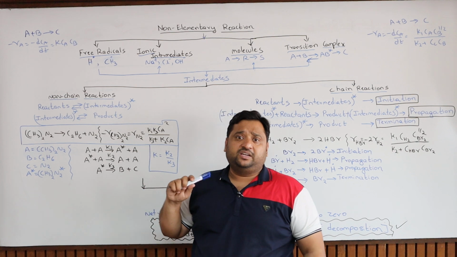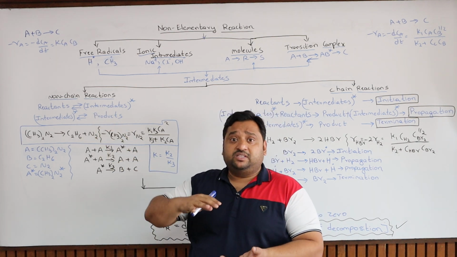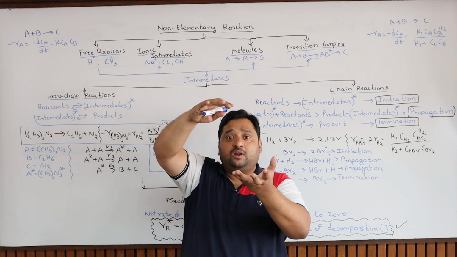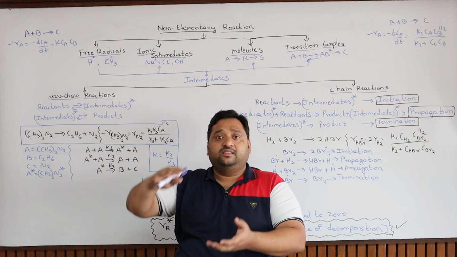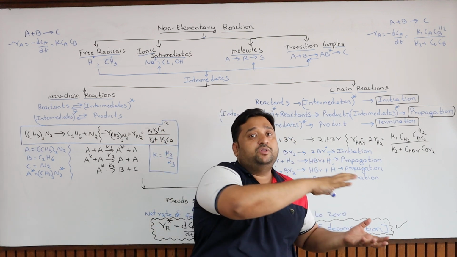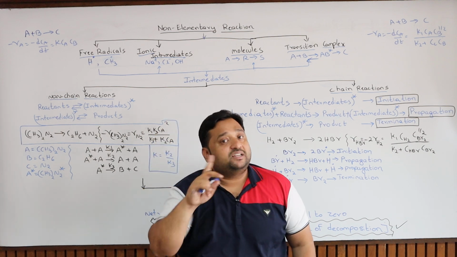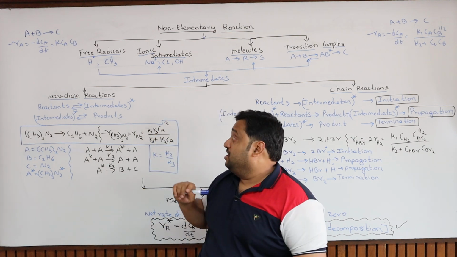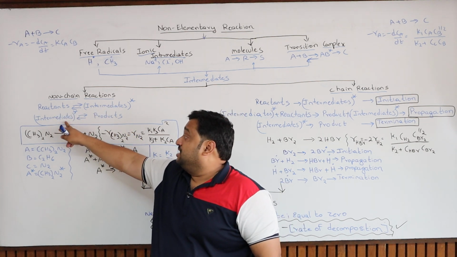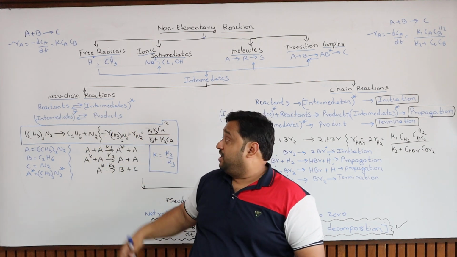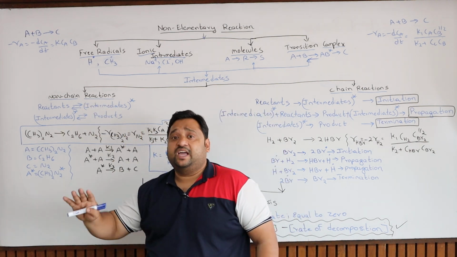It could be reversible or irreversible, but once the intermediate forms, it is highly possible that this intermediate will come back to the reactants, and this intermediate will go to the product, and the product can come back to the intermediate. Everything is reversible, a few are irreversible. So the reactants form intermediates and these intermediates further form the products. It is a 2-step process. This is called non-chain reactions.